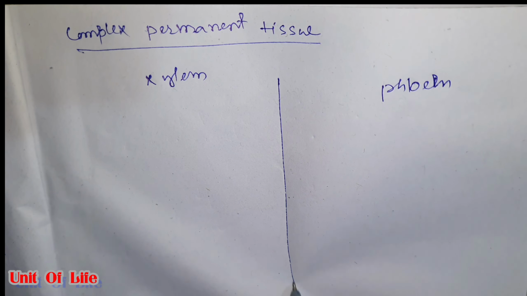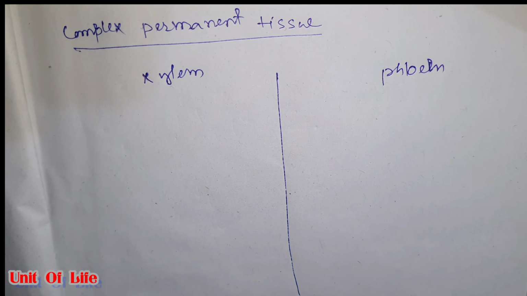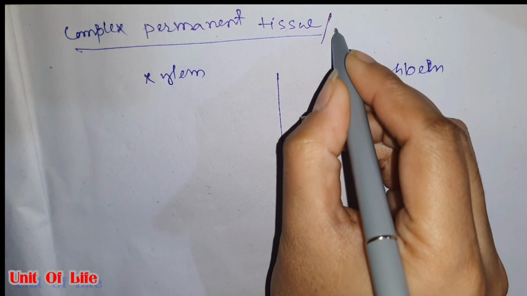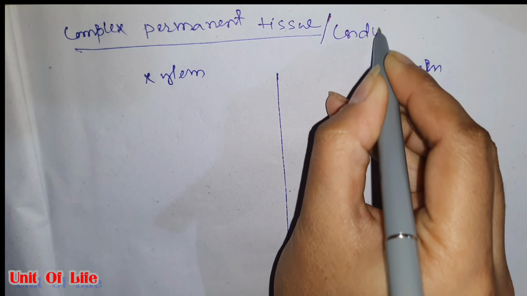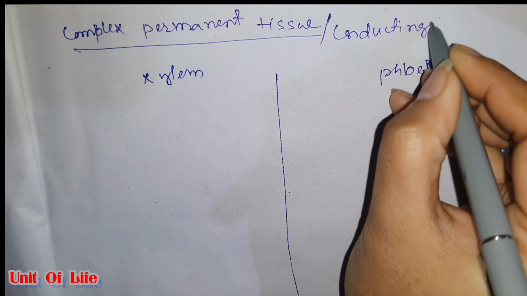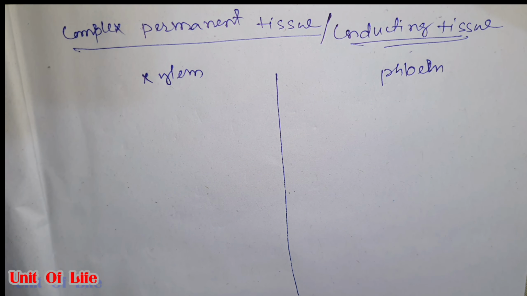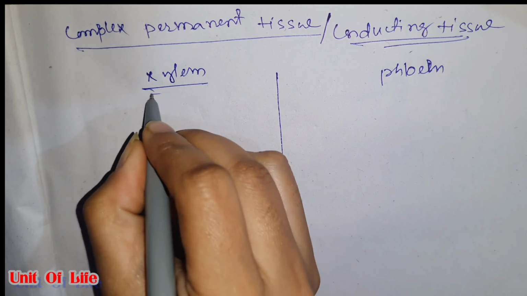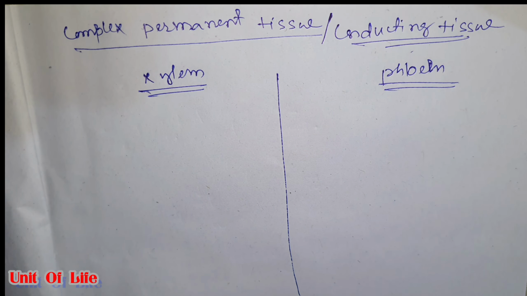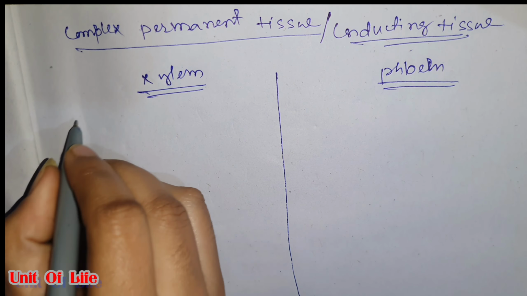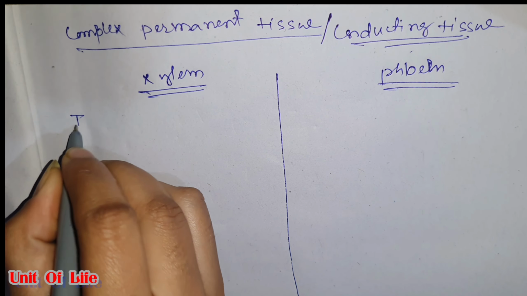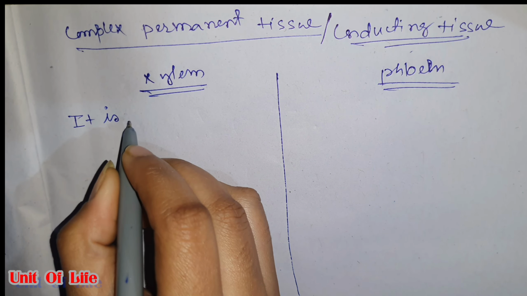So complex permanent tissue is mainly of two types: one is xylem, another is phloem. The xylem is mainly called the water conducting tissue. Xylem supplies water from the root to the whole body of the plant.